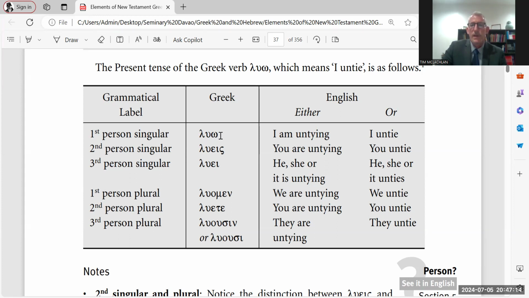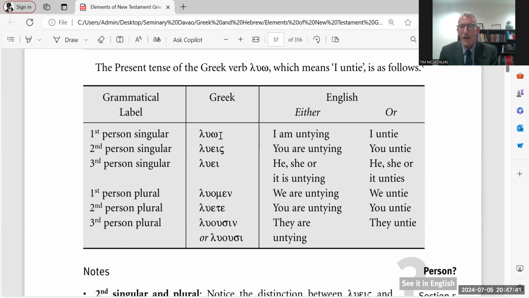And we also have in English what's called the mood. Indicative mood, let's explain it as a statement of fact. We have different moods in Greek. If it's your present active indicative, you're just making a statement: I am untying.